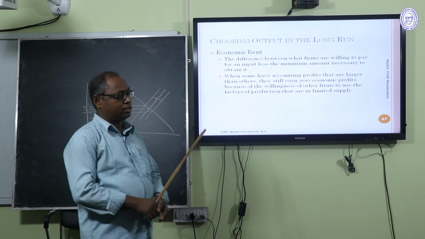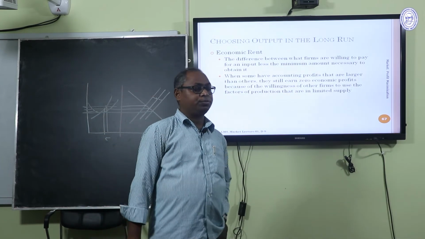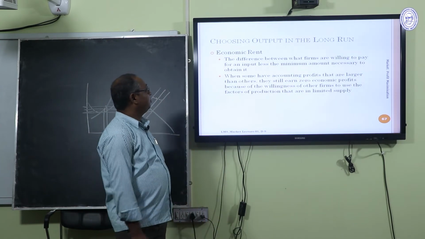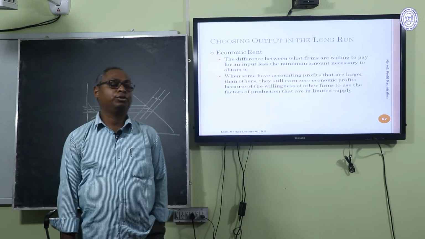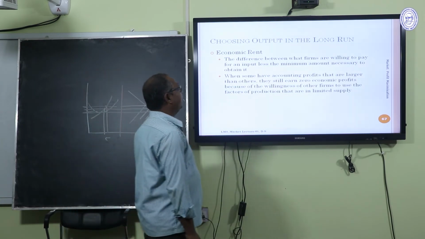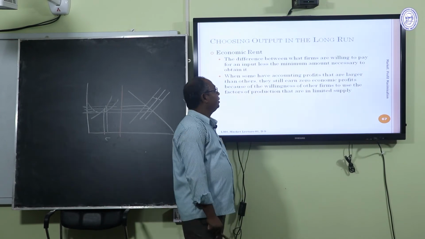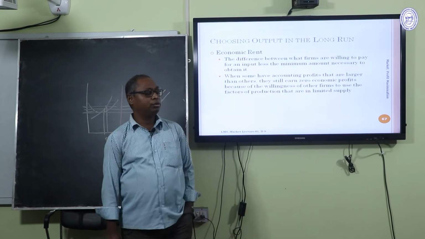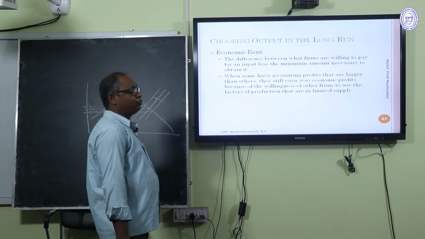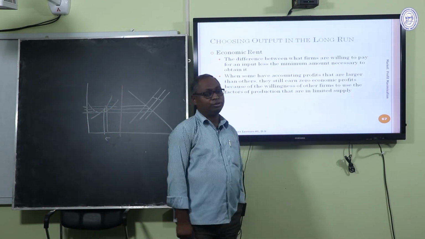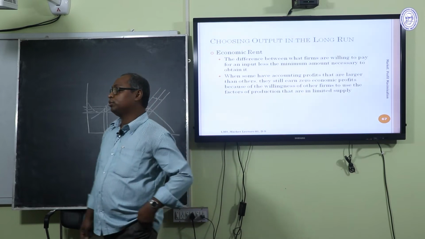Now, economic rent. Here another thing I want to touch upon is economic rent, which is nothing but the difference between what the firm actually gets and the minimum amount necessary to use these inputs, what the firm is willing to pay to the input.